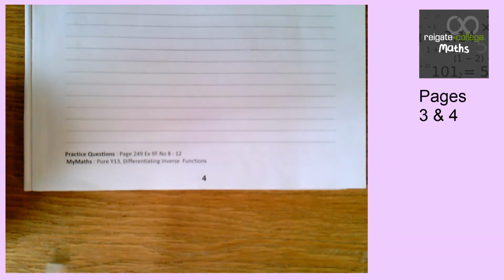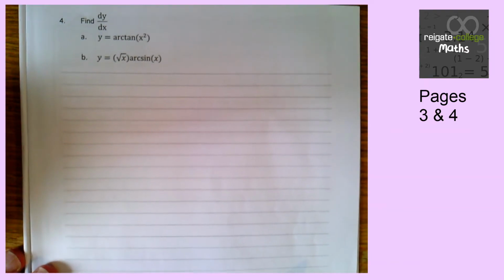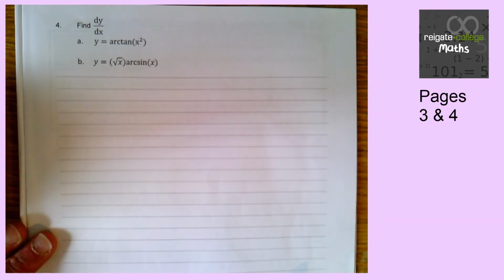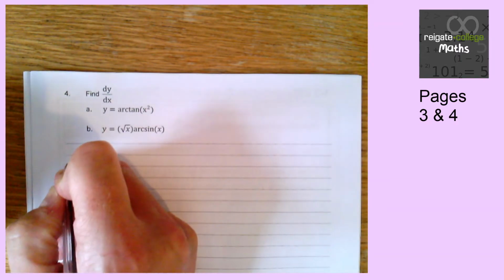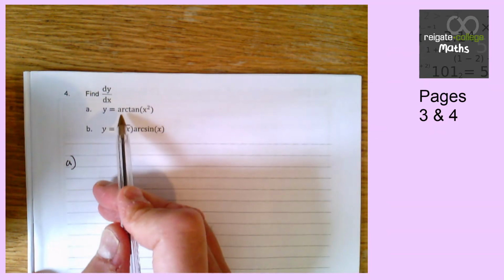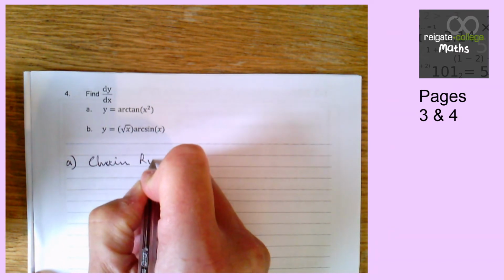It just may make you more confident with differentiation using these formulas on page 3 of the course workbook, and also the chain rule, product rule, and the quotient rule. These questions use the formulas that we've just seen that are in the formula book for further mathematicians. So for A, we need to use the chain rule.